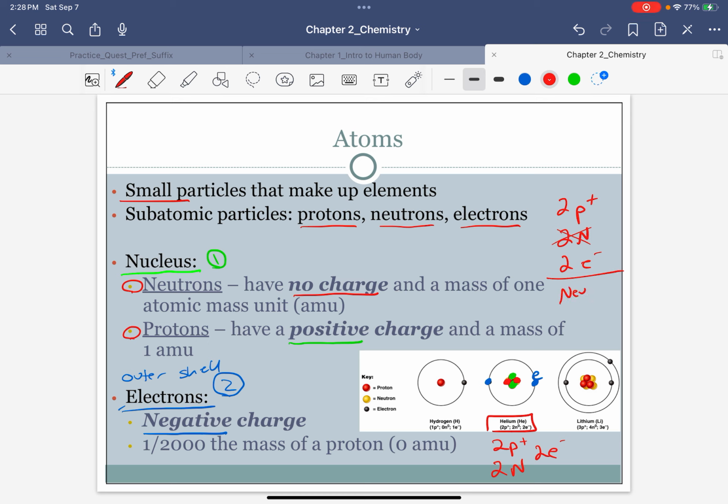Neutral. Because your everyday atom has the same number of protons, neutrons, and electrons, we have 2 positive things and 2 negative things. The overall charge is neutral.